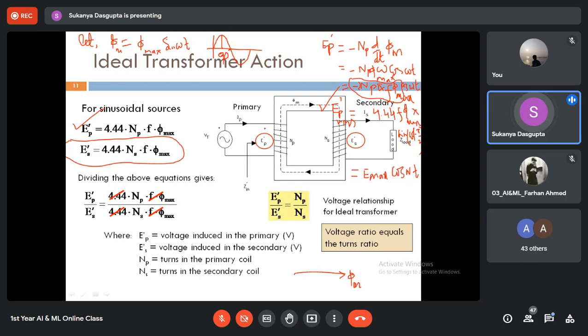What is the amount of phase difference between the two? Not opposite of flux. What is the phase difference between the flux signal, which is definitely alternating in time, and the EMF signal? Pi by 2. Yes, absolutely right. Then in the phasor diagram, how is the phasor of the EMF at the primary side of the transformer to be drawn?